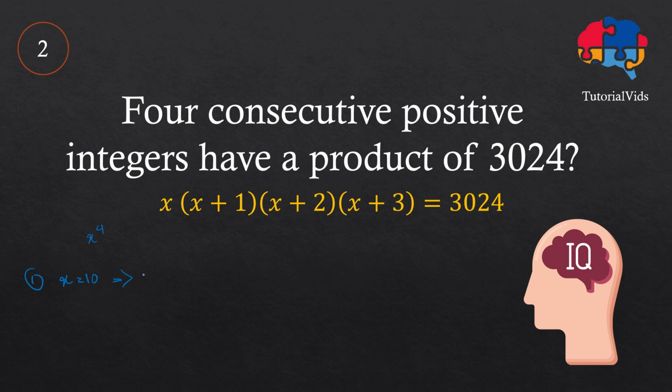Then in that case, x to the power of 4 is 10 to the power of 4, which is 10 thousand. And this 10,000 is way bigger than 3024. So our approximation, if x is 10, would be larger than 3024. That means the main expression itself would be way bigger than 3024.